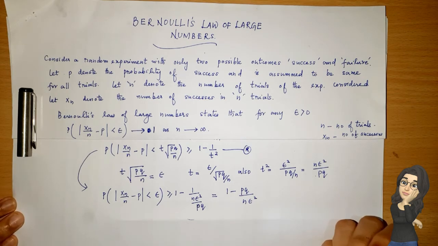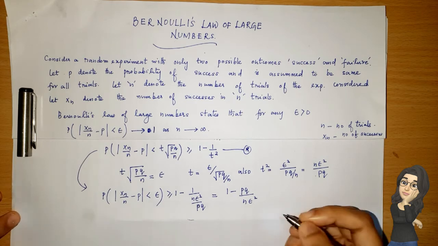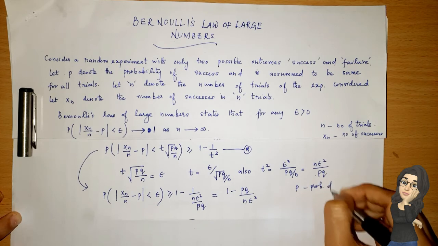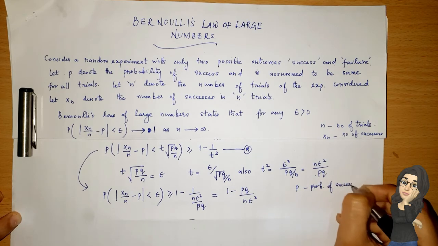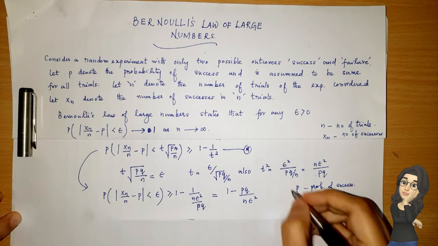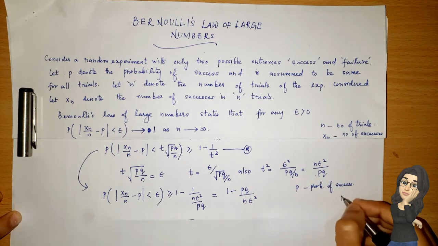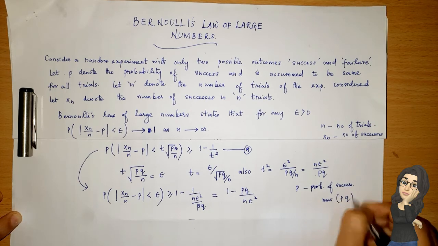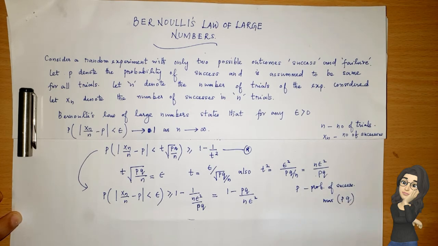Now we have already said that this random variable or this random experiment has only two outcomes, that is success and failure. So if P denotes the probability of success, then Q denotes the probability of failure. The maximum value P and Q take is when both P and Q are 1 by 2.